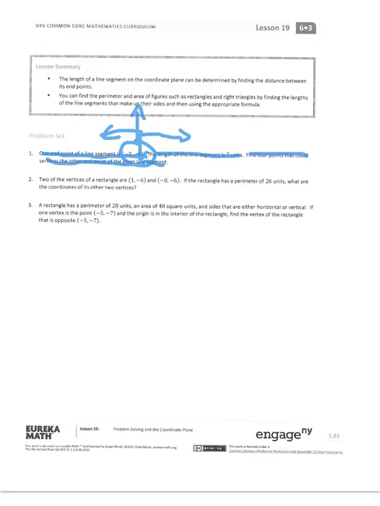Here's an example. If my starting point is 2, 4, I need to go 7 units up. So that means I'm going to start at my x-coordinate, which is 2. Now I need to go 7 units up. 7 plus 4 equals 11. If I want to go 7 units to the left, that means I need to change my x-coordinate.